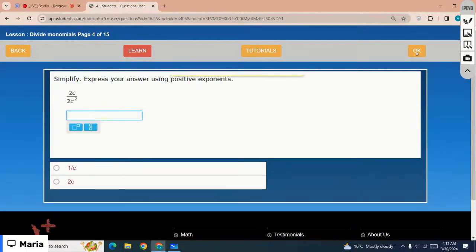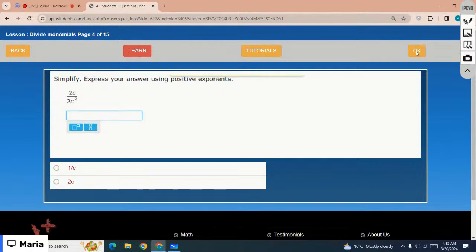The next one is 2c divided by 2c square. So which is the correct option? The correct option is 1 over c, right?